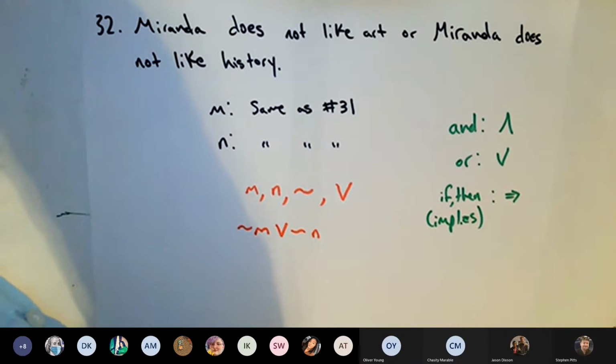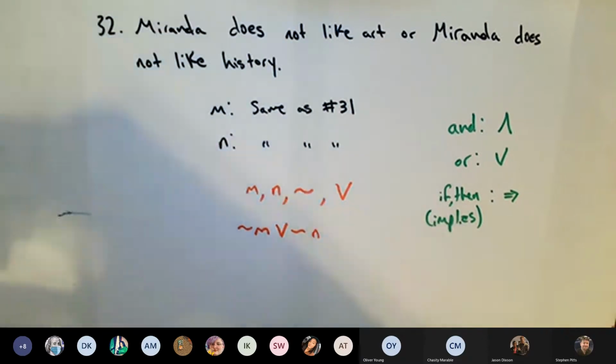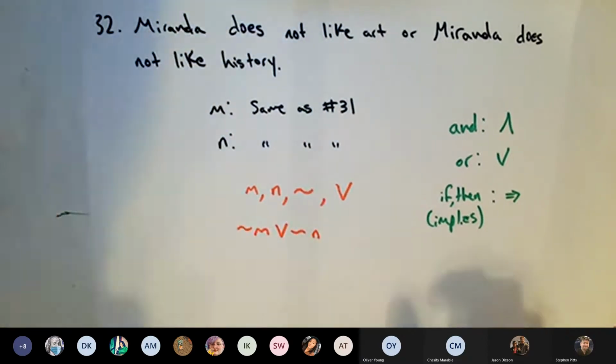Okay, let's do one where we have an implies symbol. Okay, here we go. So number 33.